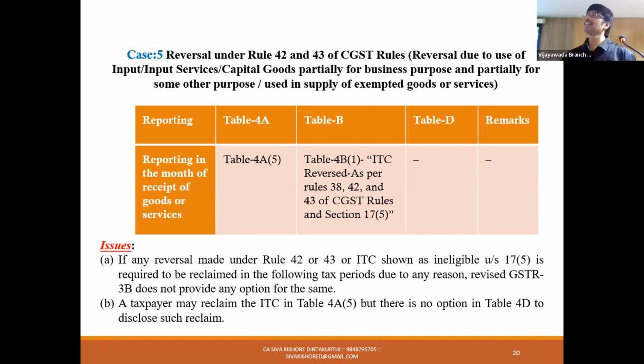In the financial year end, out of 1 lakh rupees you have reversed, it is warranted based on the final calculation only 90,000. How much input tax credit you are required to re-avail? You are required to re-avail 10,000. In which column you are required to re-avail? Only 4A5.